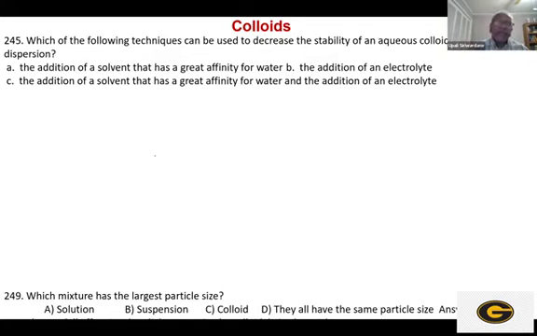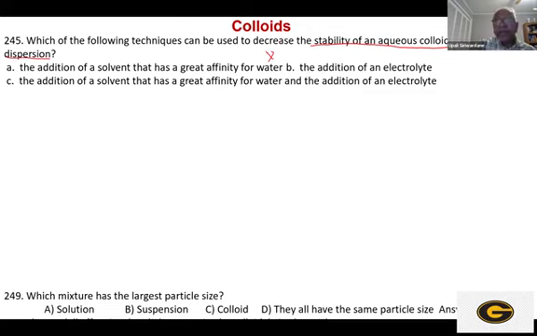Which of the following techniques can be used to decrease the stability of an aqueous colloid solution? In water, which can affect the stability? The addition of a solvent that has great affinity, that's not true. Increasing water doesn't break up the stability.